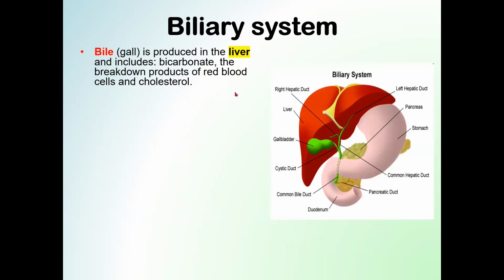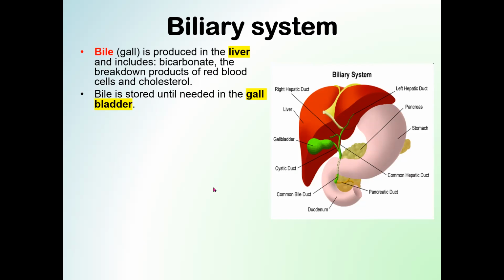And so the bile is actually produced in the liver, and it's really a lot of breakdown products of old things like red blood cells that are no longer used, bits of cholesterol, all sorts of things, including bicarbonates, just stuff that the body doesn't need anymore but can use to break the fats down. So it's just stored there.